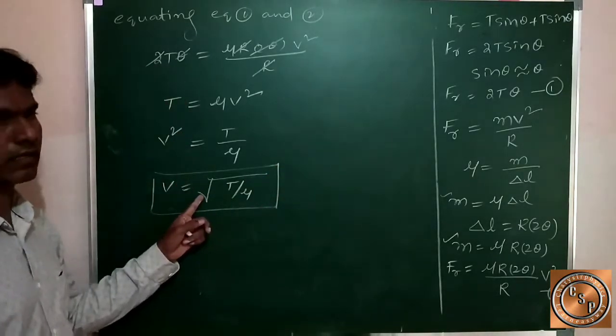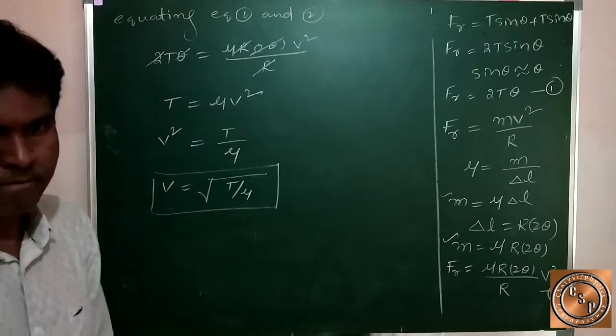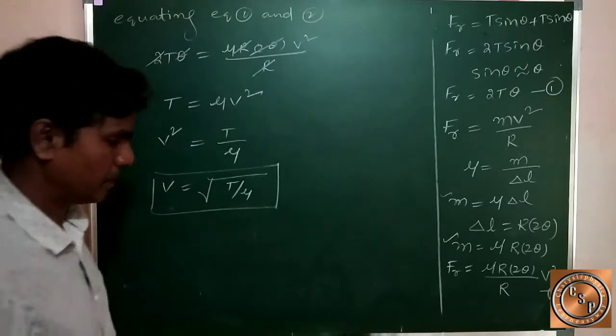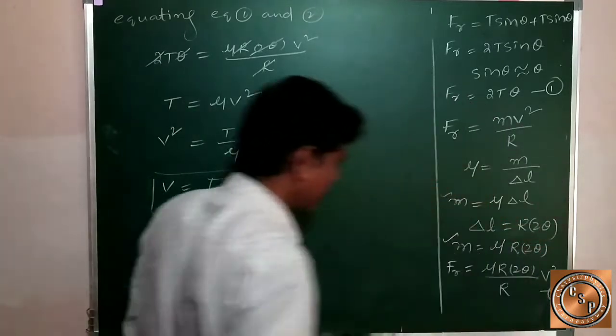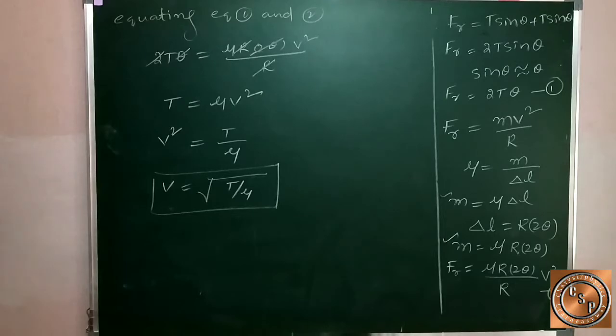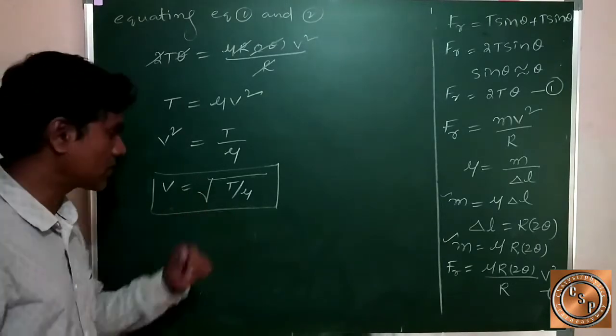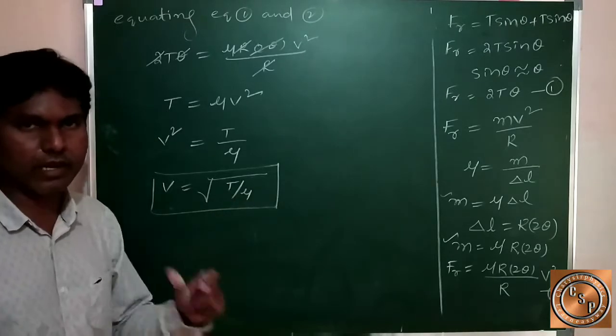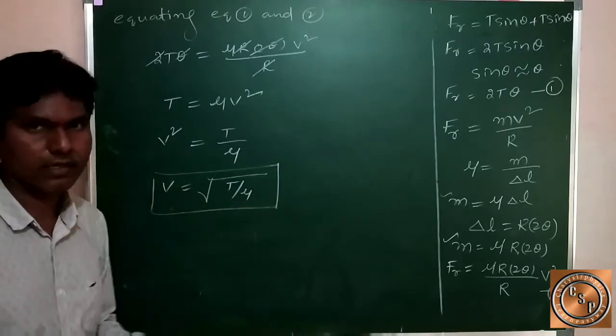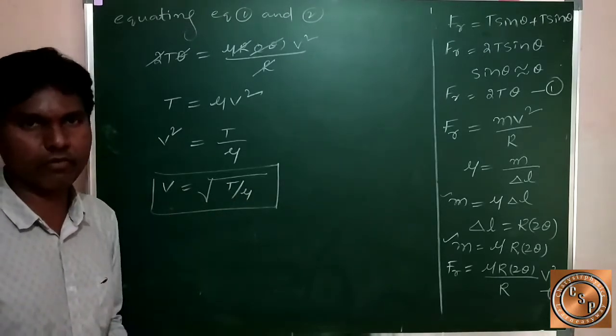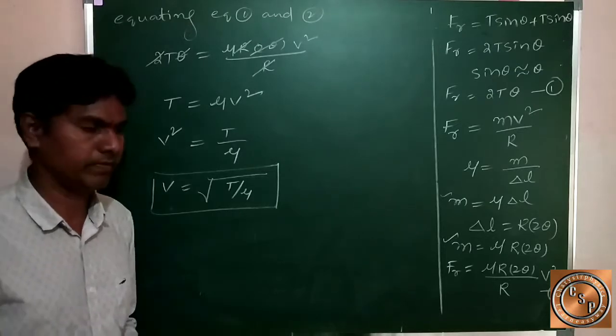Write these points. Here T is tension in the string, mu is linear density, V is velocity of a wave or speed of wave.